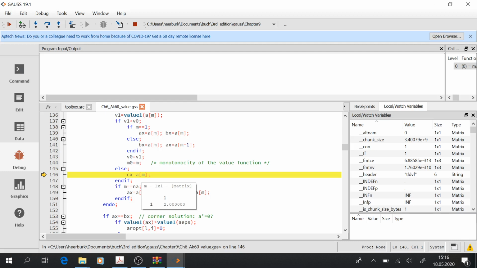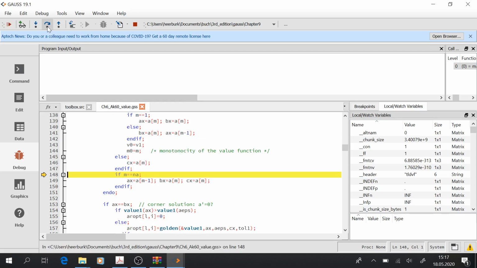In the former loop, our V1 was larger than V0, so minus 21.225 was larger than the large negative number, and therefore we allocated AX to A of 1 and BX to A of 1. Okay, and then we are done with this loop.